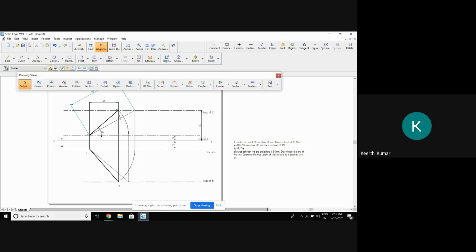Then to get the apparent lines, what are you supposed to do? First, you're supposed to draw the vertical line from the end of the true line. Draw the vertical line till the locus of A, cut an arc. So I'll show the arrow marks also, so that it will be easy for you. See here. This is how you have to proceed. If I draw the projection line from the true line till the locus of the other plane and cut an arc, you will get an apparent length.